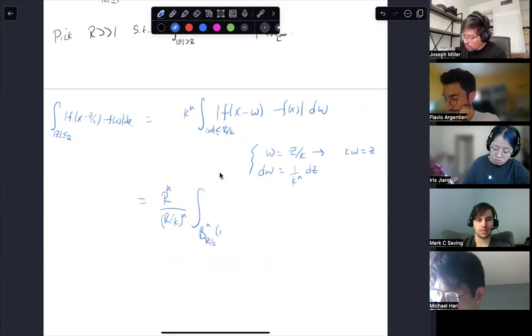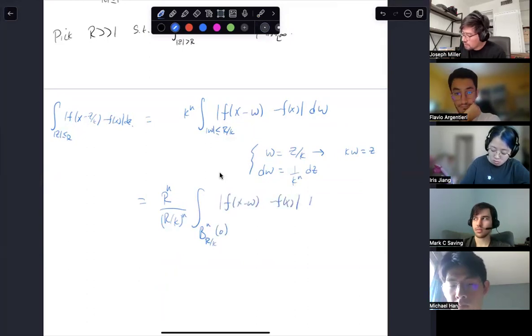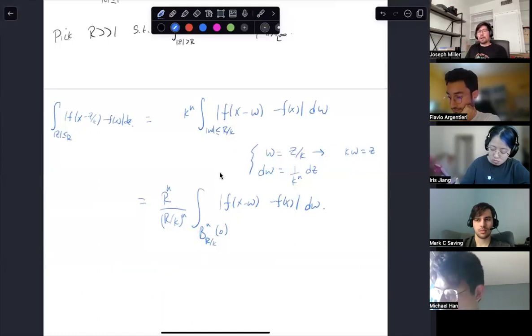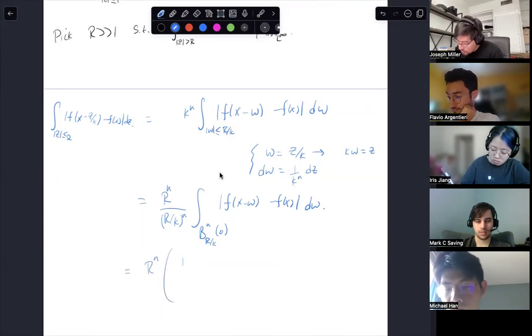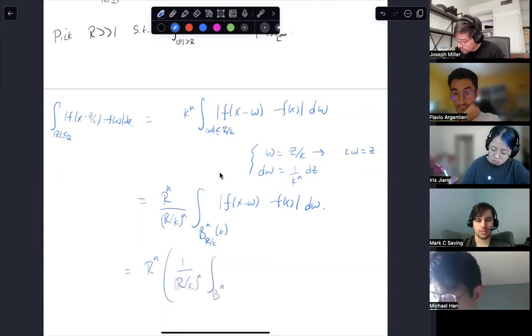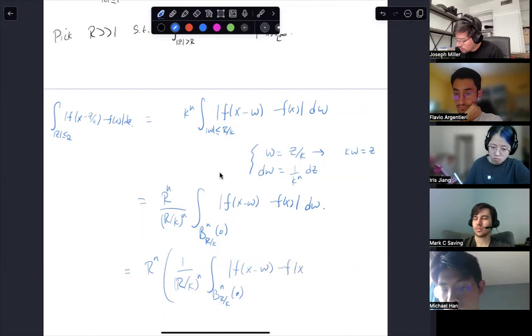And this is an n ball around 0. And here it's going to be f of x minus w minus f of x, w. I'm just rewriting things. And now I notice that if I group it like this, 1 over r, there might be some constant missing, but it doesn't really matter. So I have this part, r over k, 0, f of x minus w, f of x.